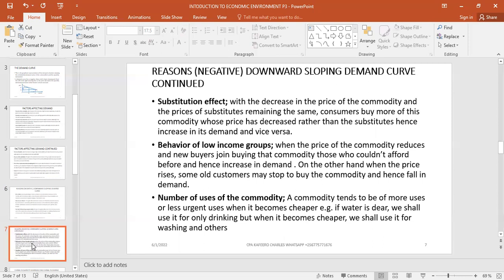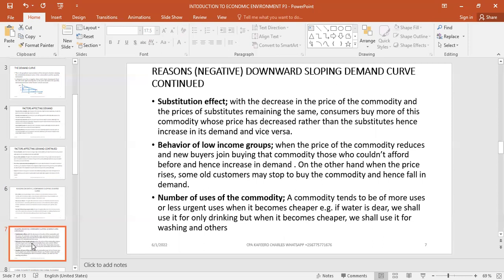The people who are using the commodity, if let's say a product, you may find that the number of uses of the commodities, we are meaning what the product can give to people.